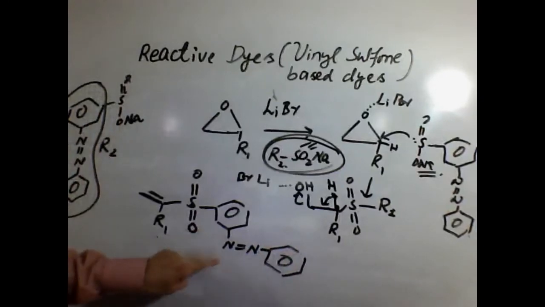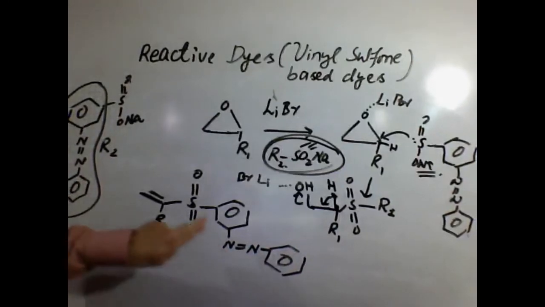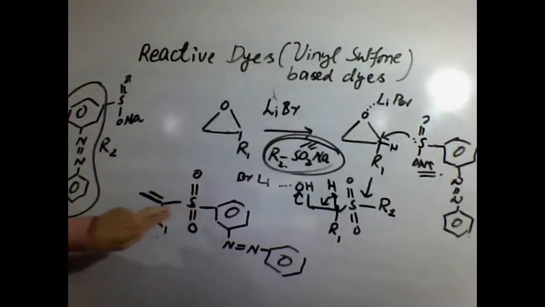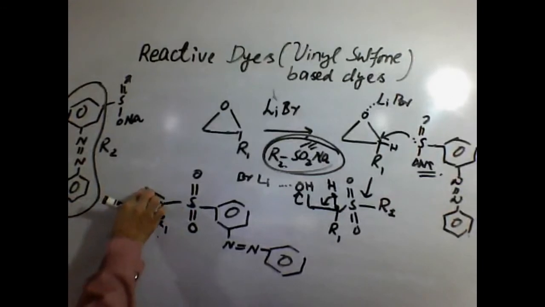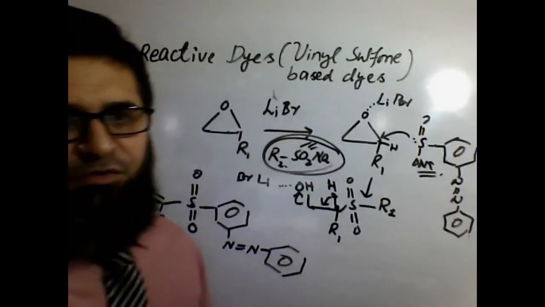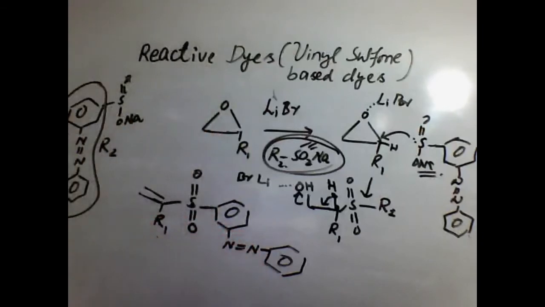So now it's an azo dye having a sulfone group. Secondly, it also carries a vinylic part, vinylic functionality is there. So it will be a vinyl sulfone-based azo dye.